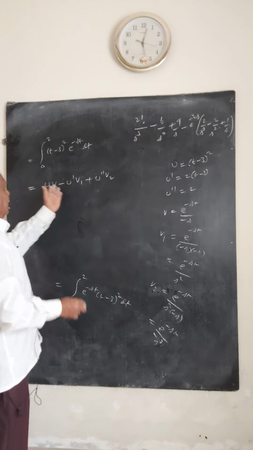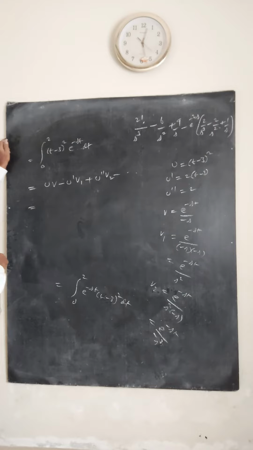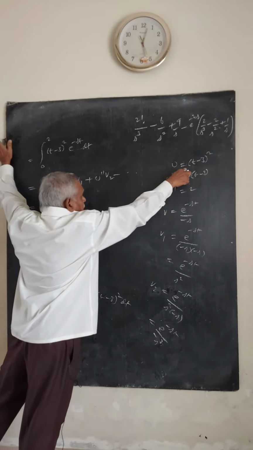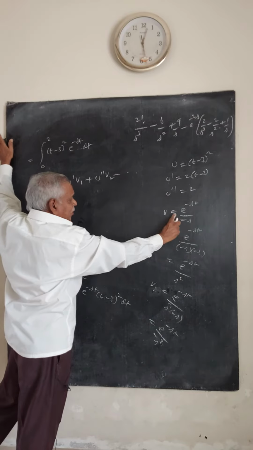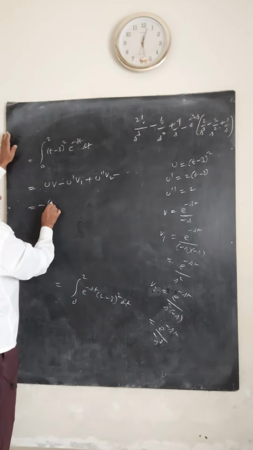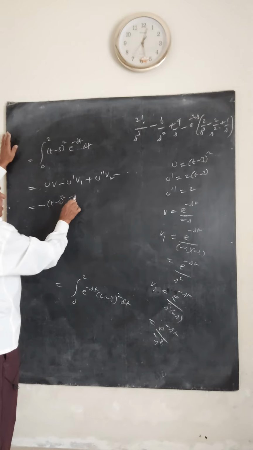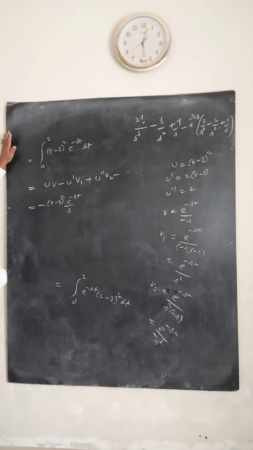These are all written for this formula, called Bernoulli's integral. First term: u is positive, v is negative, so minus (t minus 3) whole square times e power minus st by s.